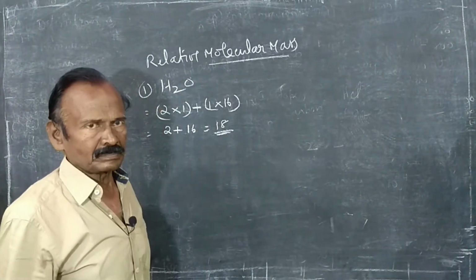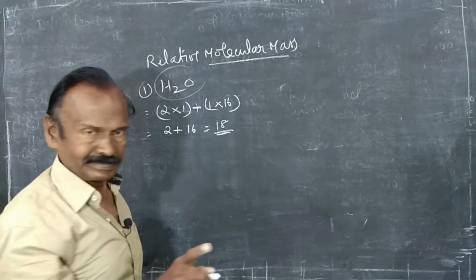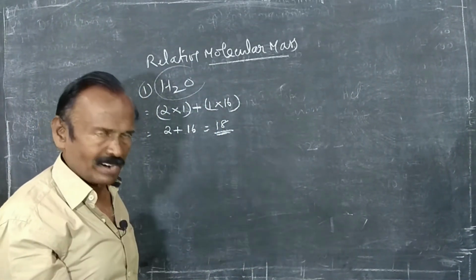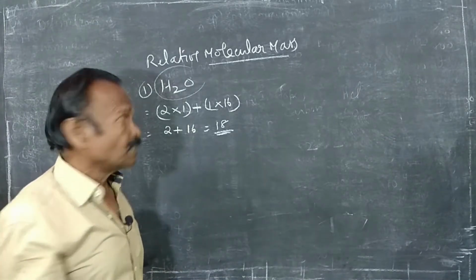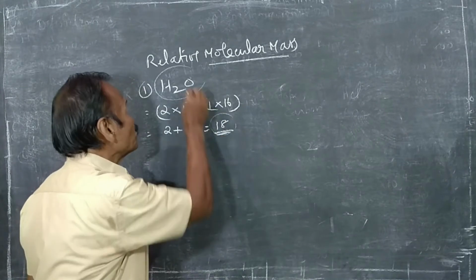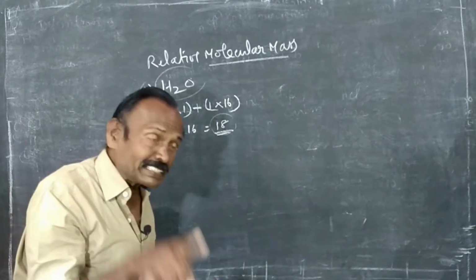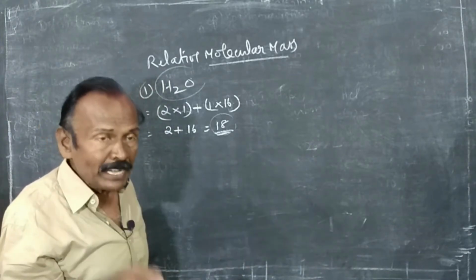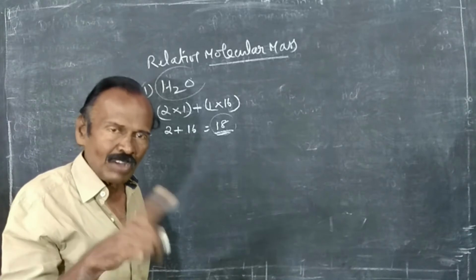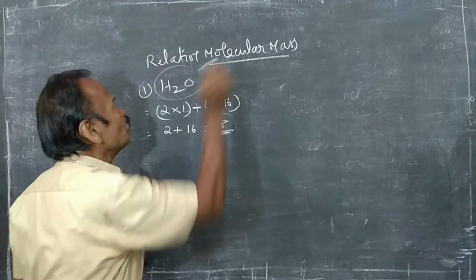It means the molecular mass of water is 18 times bigger than 1/12th of a C12 carbon atom. So this is relative molecular mass.